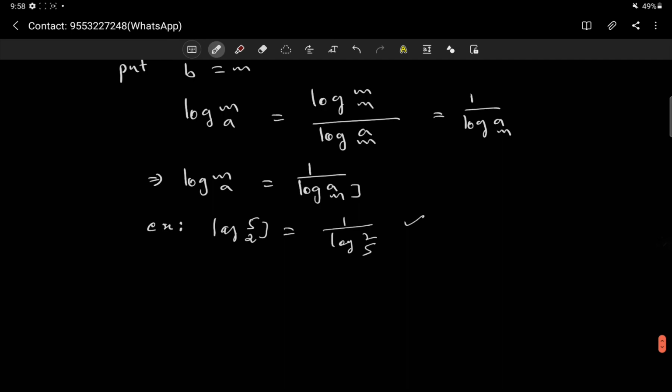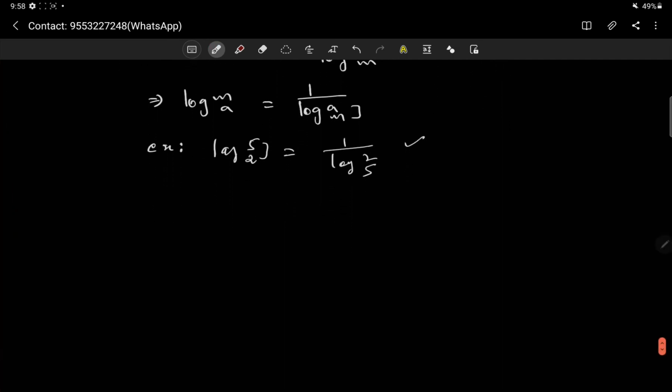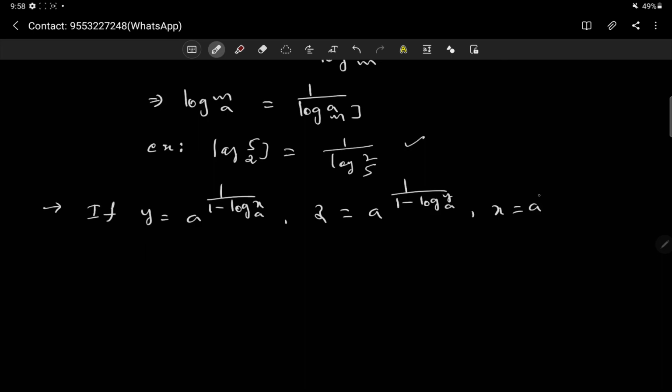So we are going to discuss a problem. That is, if y is equal to a power 1 by 1 minus log x base a, z is equal to a power 1 by 1 minus log y base a, and x is equal to a power k, then we need to get the value of k.